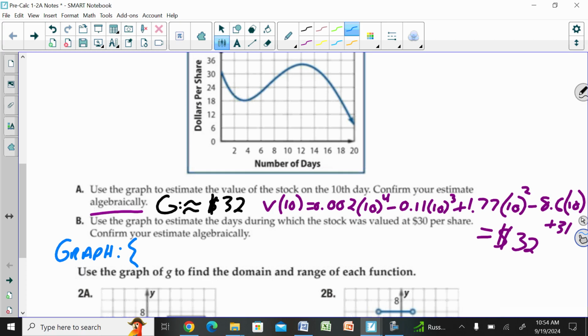I could say on day 9 it's about $30, and on day 15, and maybe at day 0, right when it started. So I could say 0, 9, and 15 according to the graph.